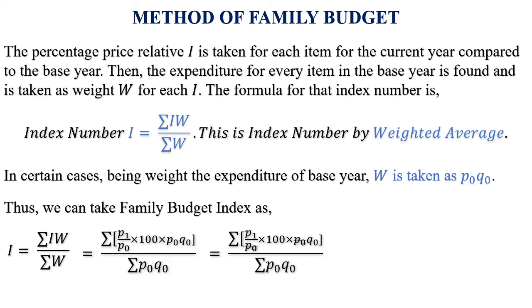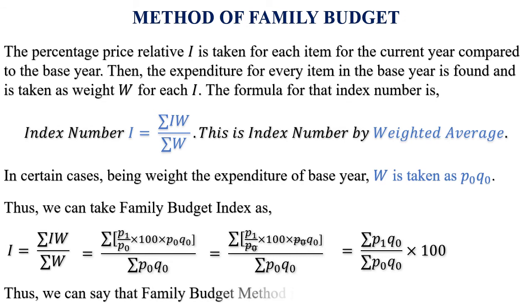Okay, are you getting my point here? We can just cancel out this P0. So the remaining value in the numerator is P1 into Q0 and into 100 divided by P0Q0. So as you can see here, this family budget method follows the total expenditure method of Laspeyres' index number. Okay, so that means that both of the values will be the same.